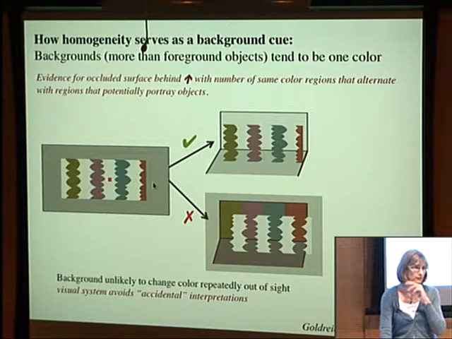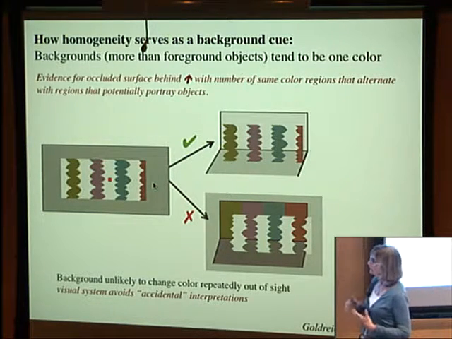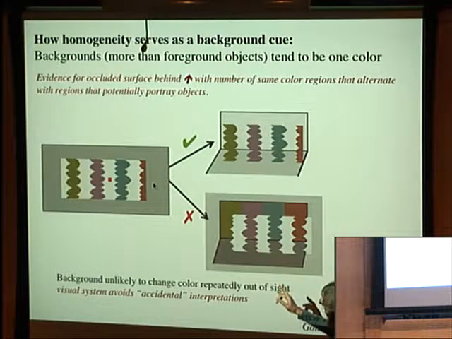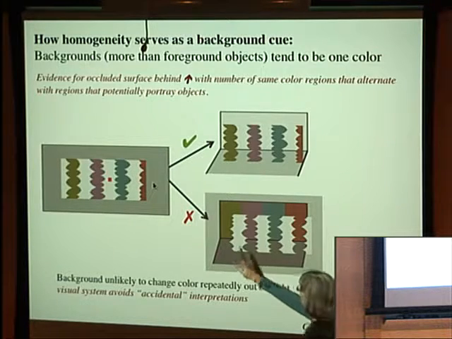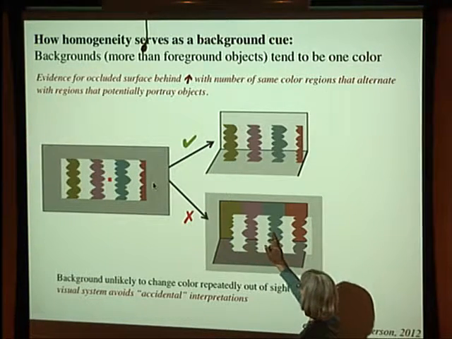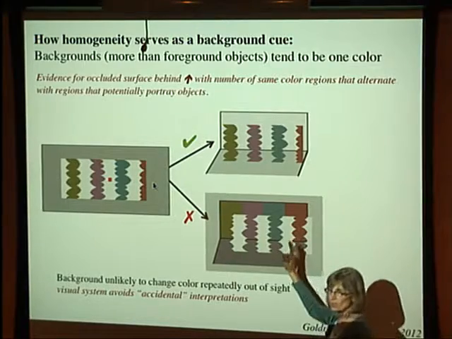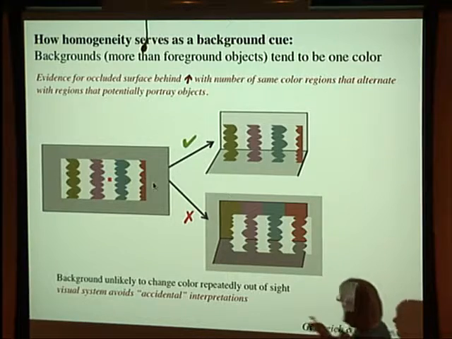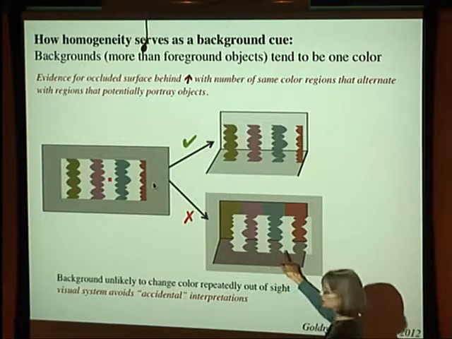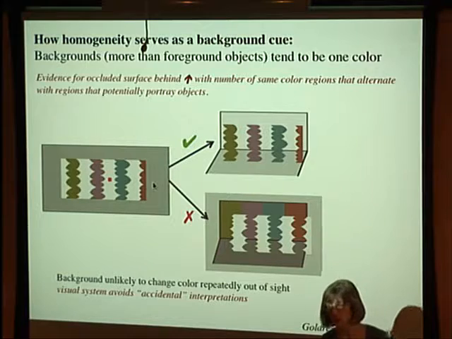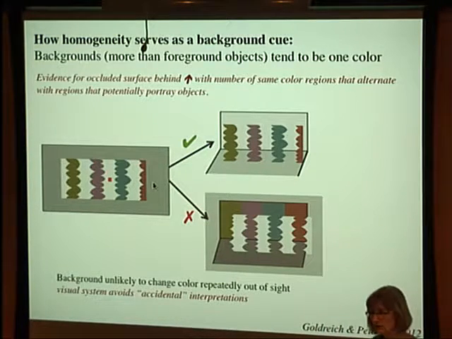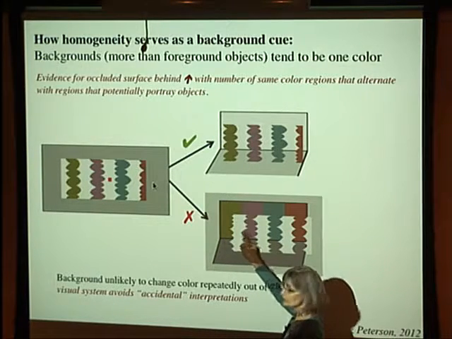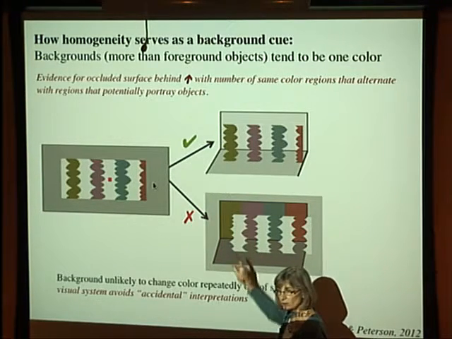Why are more and more of these homogeneous regions evidence that the concave region is the background as opposed to the foreground? Well, because it would be very unlikely for multicolored regions to be a background under conditions like we've shown it to you here. It's very unlikely that there would be objects placed in a scene in front of a background, these objects being independent of the background, just so that they always occlude the place on the background where the background changes color.